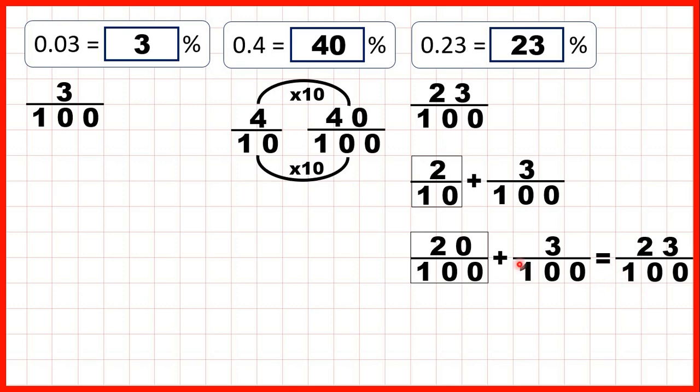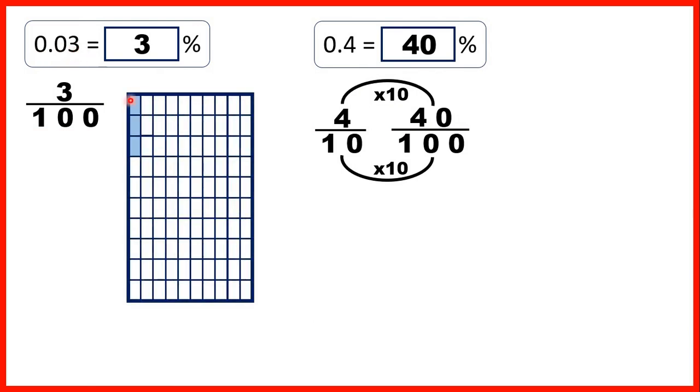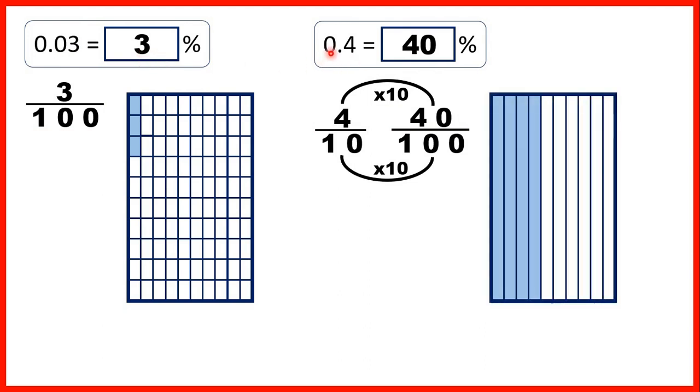So first we had 0.03. We knew that that was 3 hundredths, so 3%. Then it got a bit more confusing because we had 0.4, but we knew that 0.4 means we have 4 tenths, and a percentage is always a fraction which has a denominator of 100.